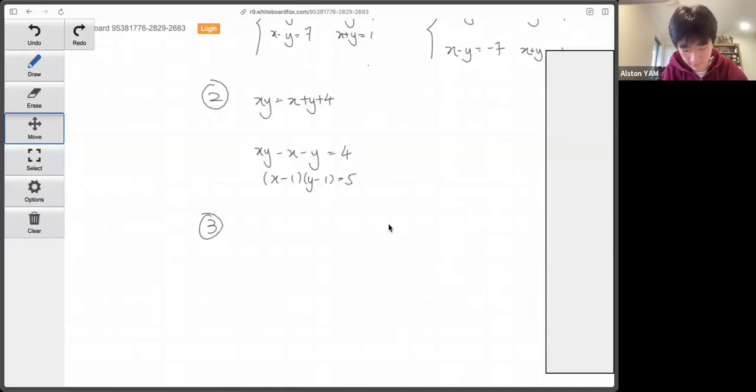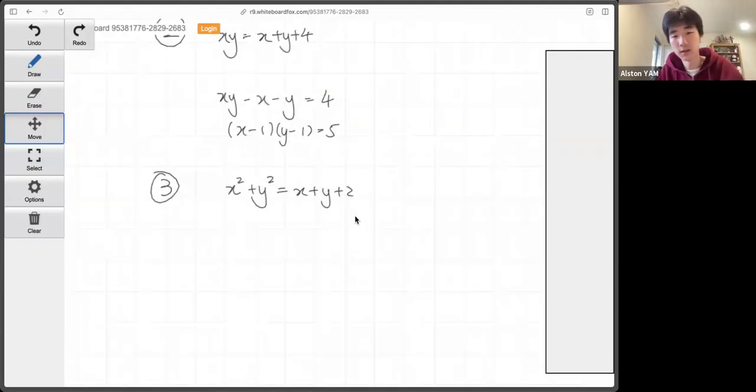What if we do something like x squared plus y squared is equal to x plus y plus 2? Then it might not be immediately obvious what you need to do to factorize this. Because on the left, we got the sum of squares, and we know that's not factorizable, right?